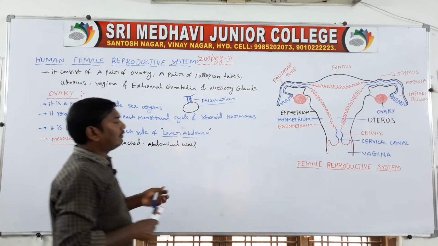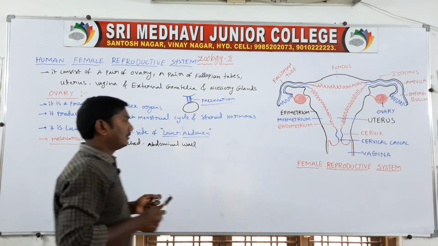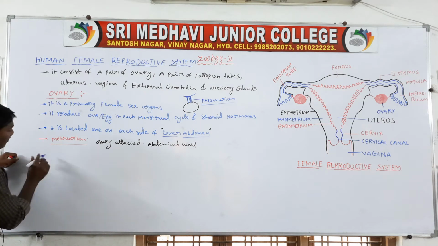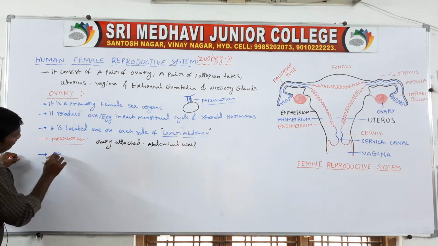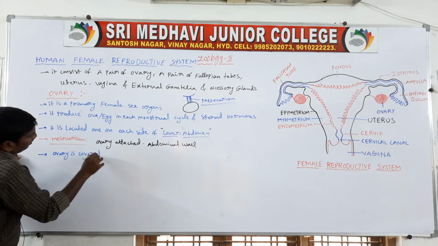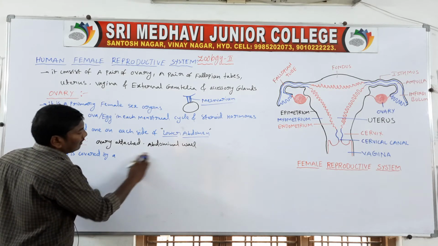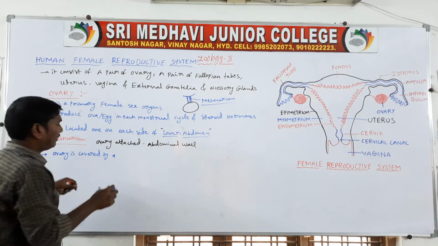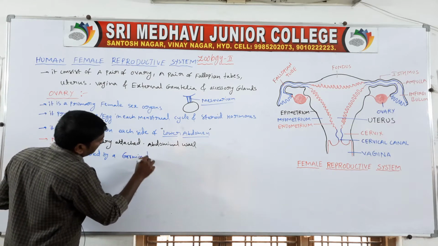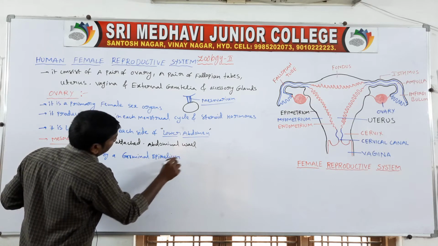Next one, the ovary is covered by a membrane called the germinal epithelium.